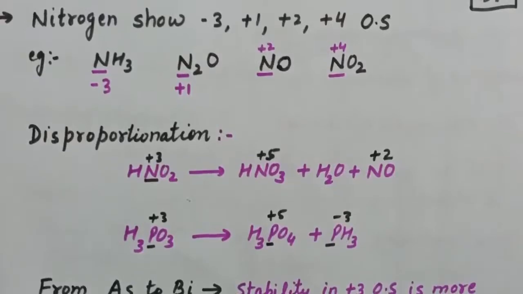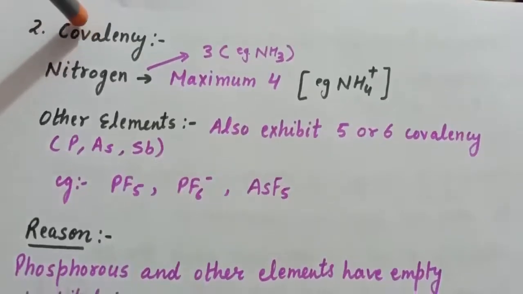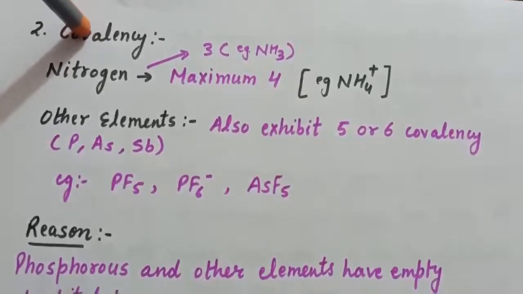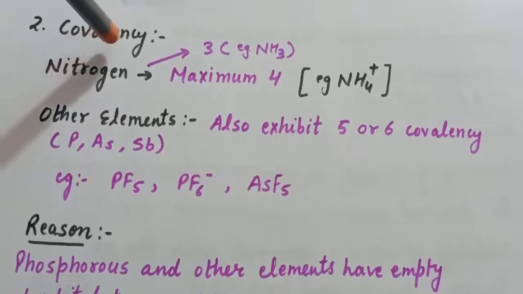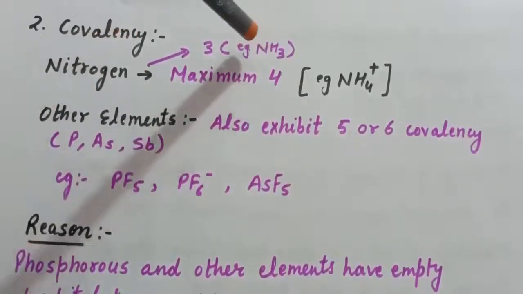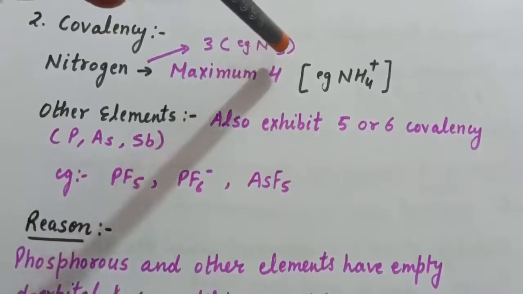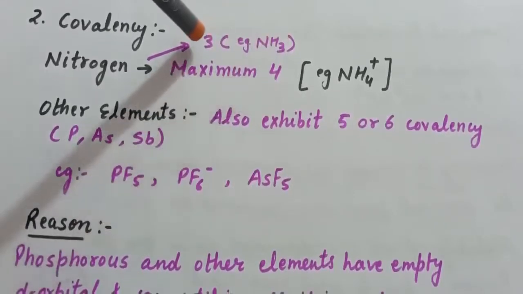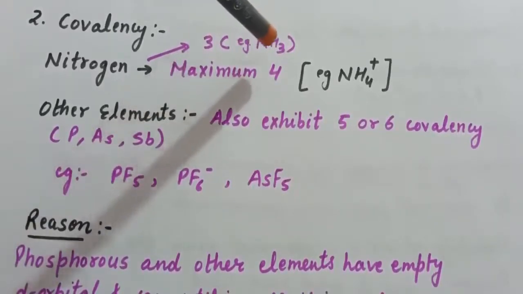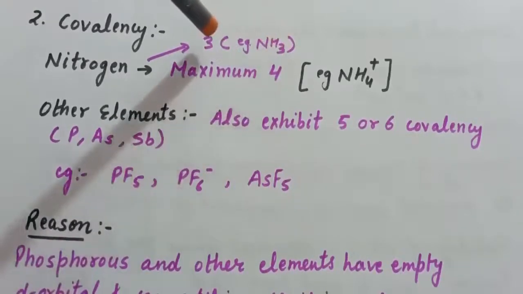Next we will discuss covalency. Covalency is defined as the maximum number of covalent bonds that an atom can form within a molecule. For example, the covalency of nitrogen in NH3 is 3, because nitrogen makes 3 bonds with hydrogen.